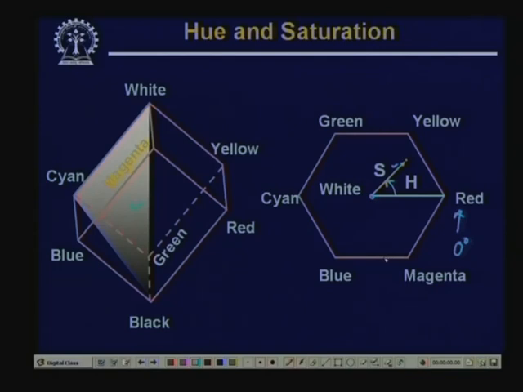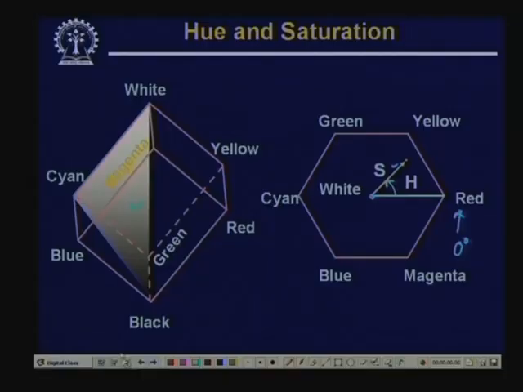Now, given these concepts, that is how we can obtain the hue, saturation and intensity components for any color specified in the RGB color space. If you follow the geometry of this particular formulation, then we can have very easy relations to compute the H, S and I components from the R, G and B components.